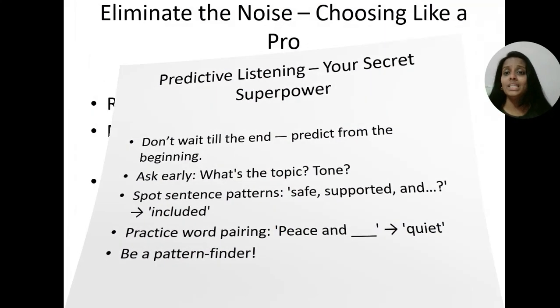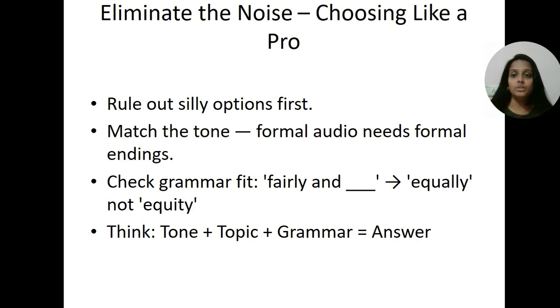Okay, now let's talk test strategy. When that list of five options pops up on the screen, don't panic. Here's what you do. Rule out the silly stuff first. There's almost always one that makes zero sense. Like, we must create an environment that is safe, supportive, and dolphin, which is not at all appropriate, right?